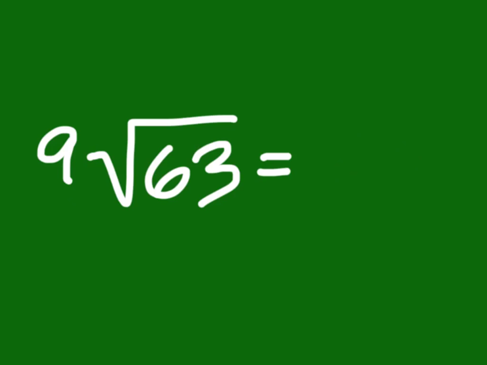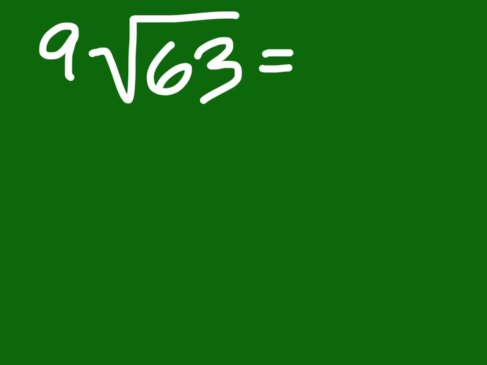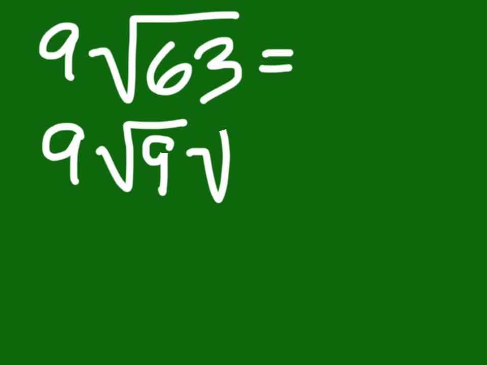And this is what we're going to study today. What you would do in this case: keep the 9. Square root of 63. 63 is not a perfect square, but the square root of 9 will go into it. Square root of 9 times square root of 7.